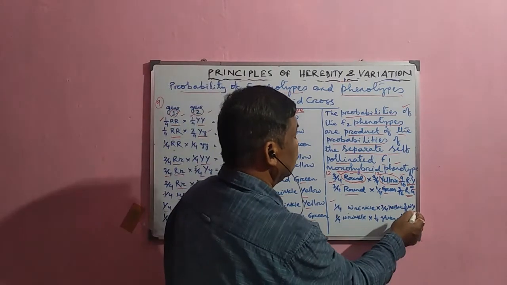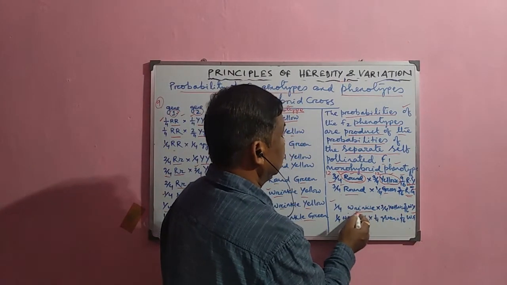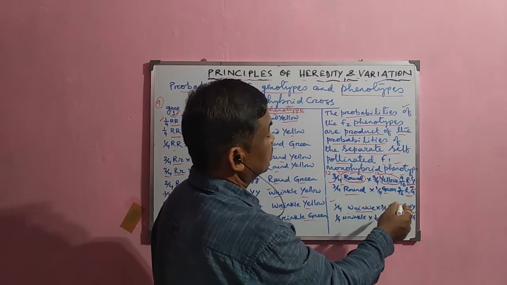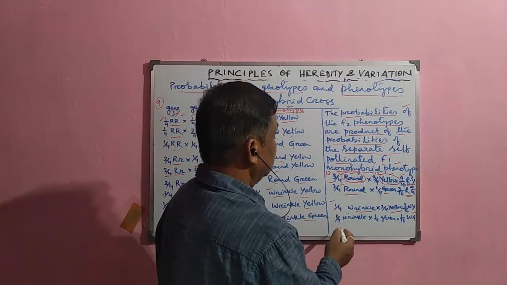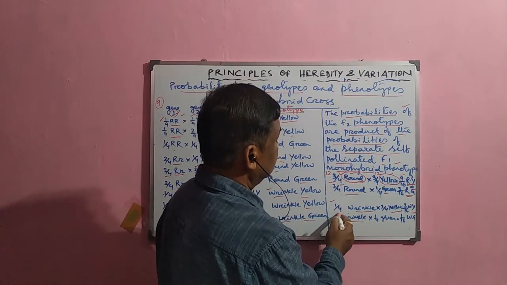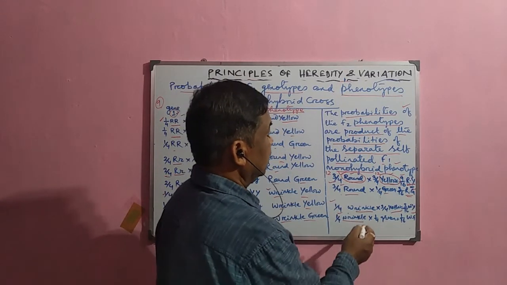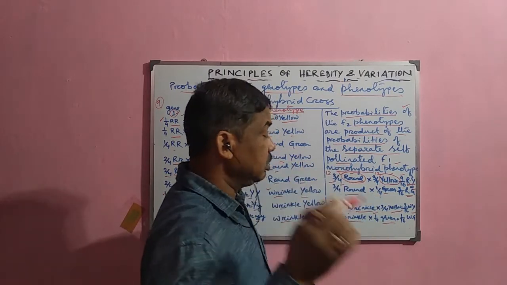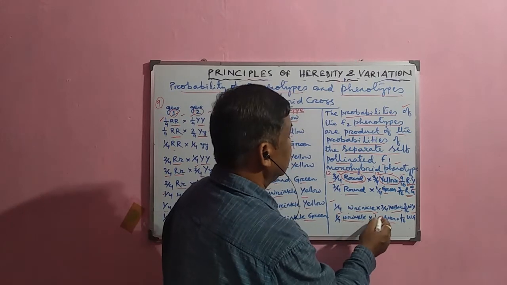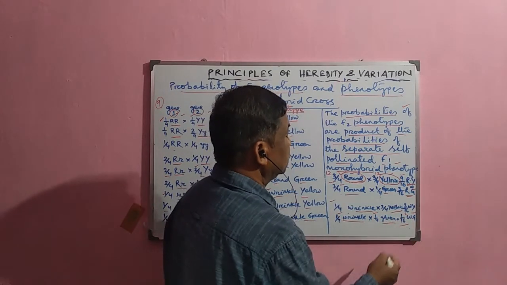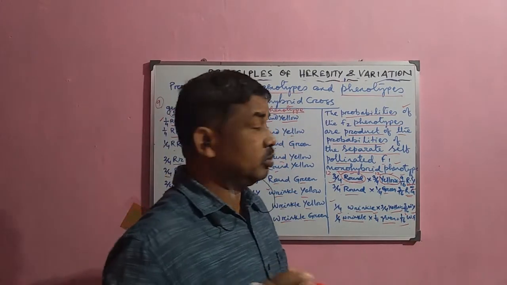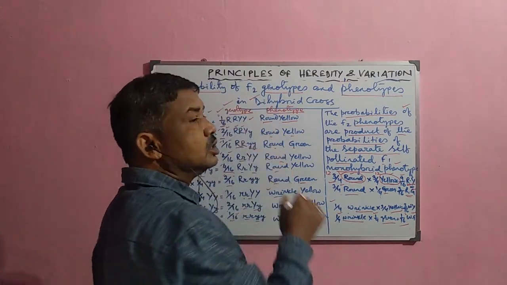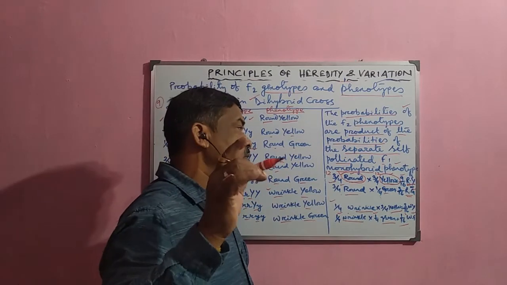These are wrinkle yellow variety. So 3 by 16 wrinkle yellow type. Now here the wrinkle probability is 1 by 4 and green probability is 1 by 4. Both are recessive. So that is why it is 1 by 4 into 1 by 4 is equal to 1 by 16. So from this probability theory, he actually explained all the results of the dihybrid cross.